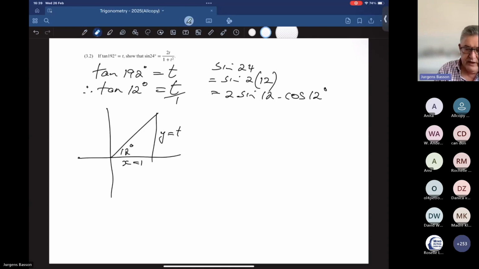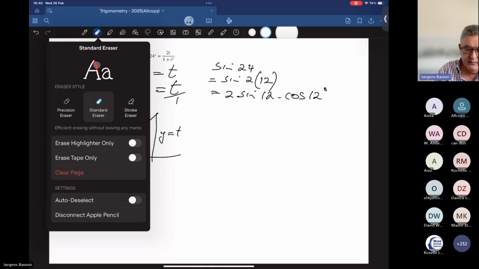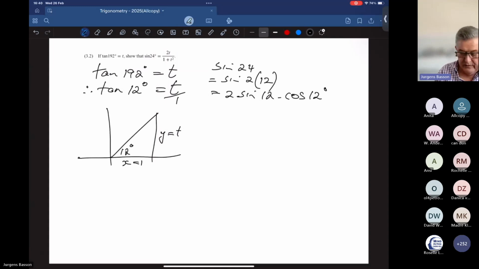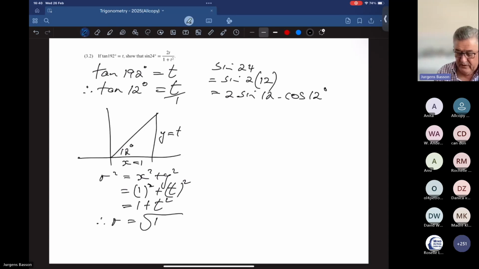So that means if we find our radius here, we say r squared is equal to x squared plus y squared. It's equal to 1 squared plus t squared, which is equal to 1 plus t squared. So that means r is equal to, again, positive, the square root of 1 plus t squared, because r is always positive.